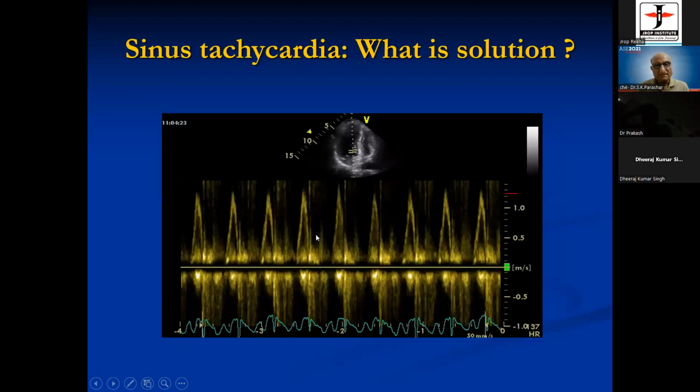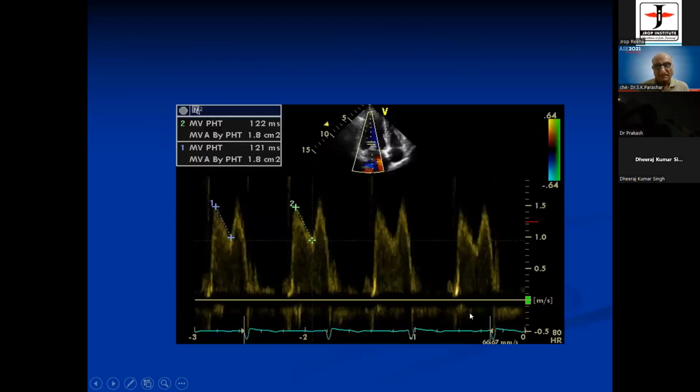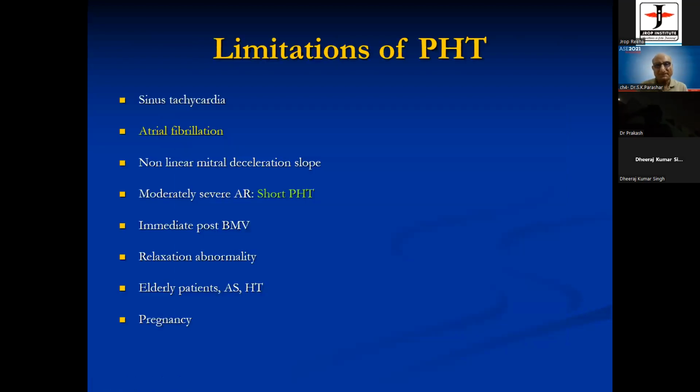Where you could not get any EF slope because of tachycardia, here you get a slope, and when you measure it, the pressure half time is 121 milliseconds, and 220 by 121 milliseconds gives you the mitral valve area. So sinus tachycardia is an important problem, and either you can wait for some time or give the patient some beta blocker.